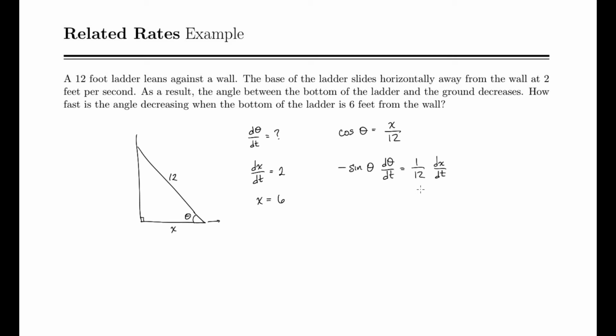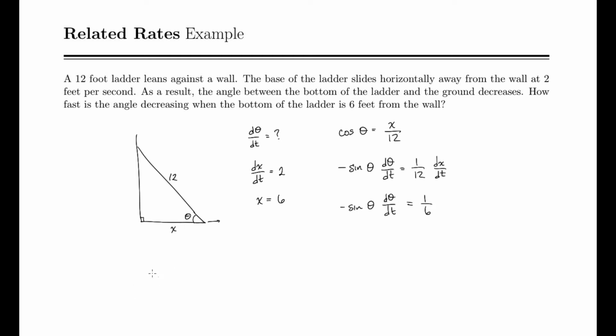And now we want to know if we can find all of these unknowns. And so we know dx dt is 2, so we have 2 over 12, which is 1/6. D theta dt is the thing we're looking for, but we don't know negative sine of theta quite yet. But what we do know is that x is 6.